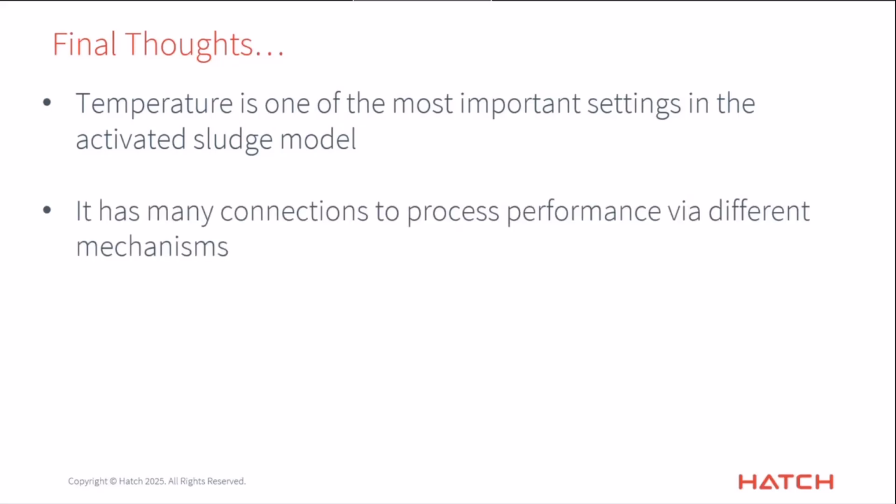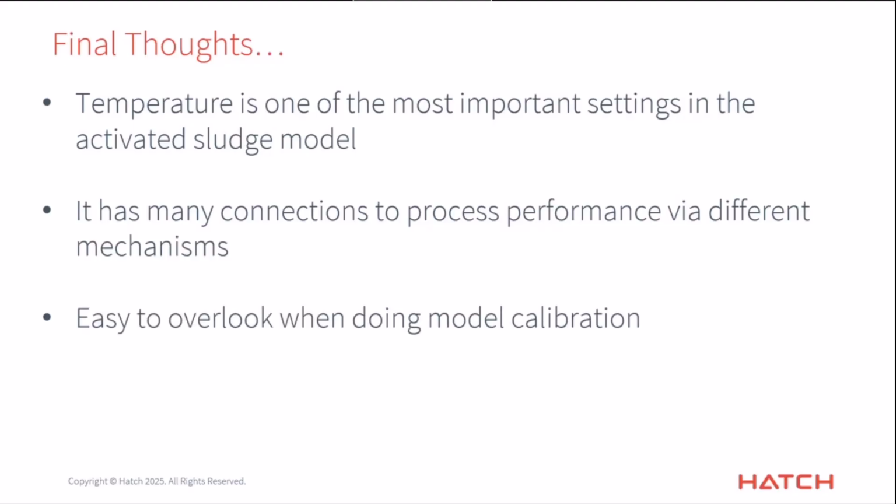And we tend to not think about it always at the front of our mind, because usually when you're setting up a model for the first time, you're more worried about, okay, what's the layout? Where do I put the objects on the drawing board? What's the influent? What's the size of the clarifiers? All of that is physical, tangible things. It's easy to overlook actually getting the right temperature in there.